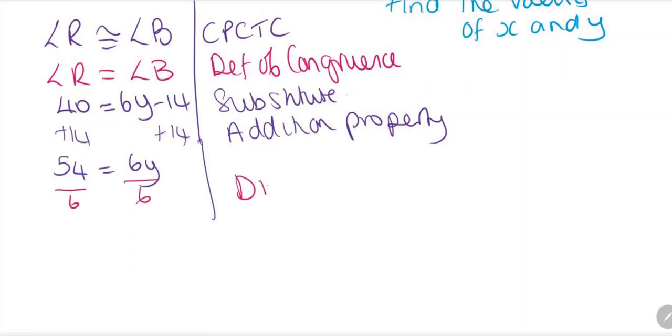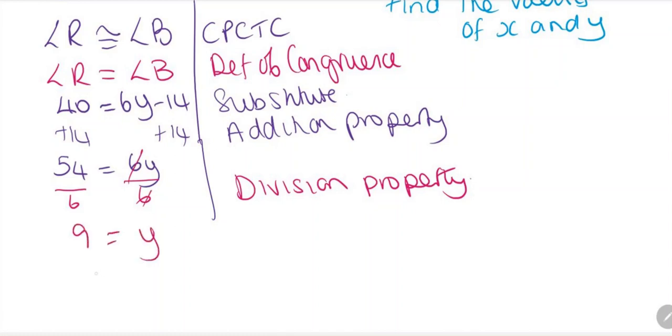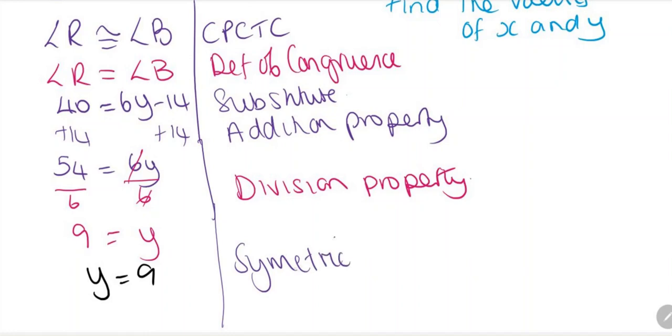So this is the division property. So I will have y is 9. And I'm going to rewrite. So this is going to be the symmetric property.